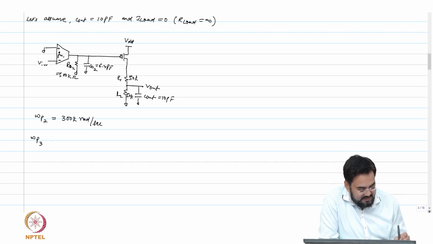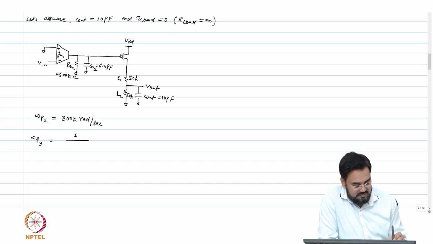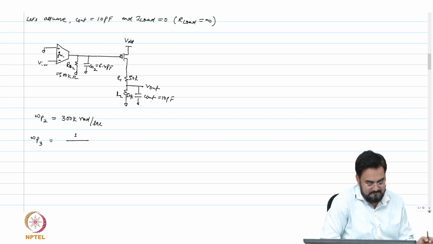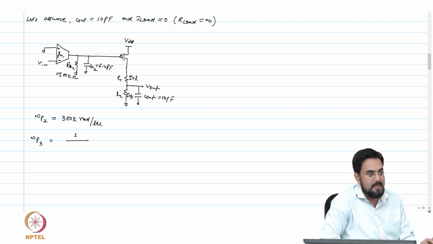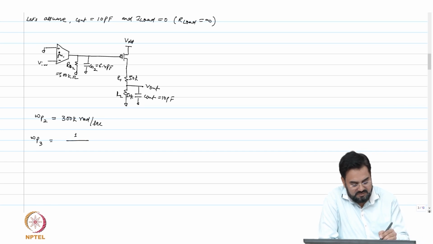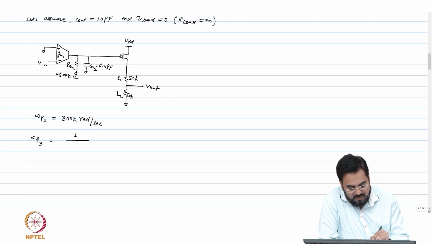So omega P3 is what? 1 over R out times C out. What is the R out here? Sorry, I think this is wrong. Your output cap should be here.